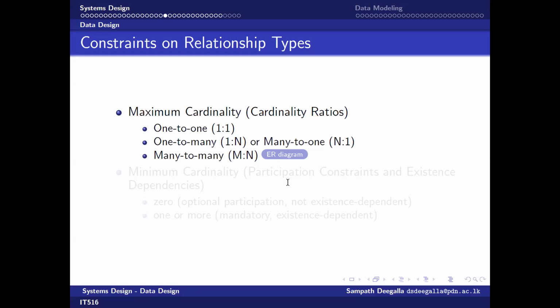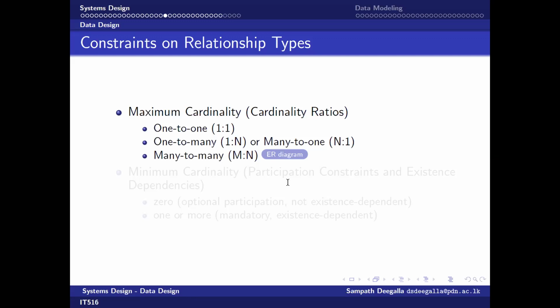So tell me, what is the relationship between a lecturer and the university? One to many. Yeah, it should be one to many. Can you elaborate more on what you mean by one to many here? One university has more than one lecturer, but one lecturer belongs to one university.